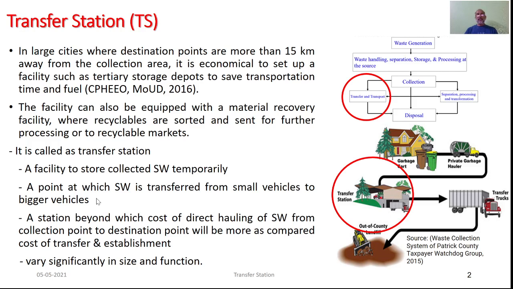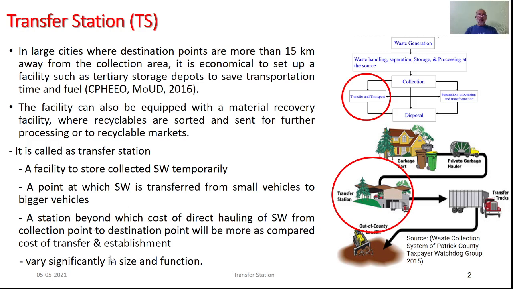It is a point at which the solid waste is transferred from smaller vehicles to bigger vehicles, and this is a point beyond which the cost of direct hauling of the solid waste from the collection point to the destination point will be more as compared to the cost of the transfer station, its establishment cost, as well as its operation cost.